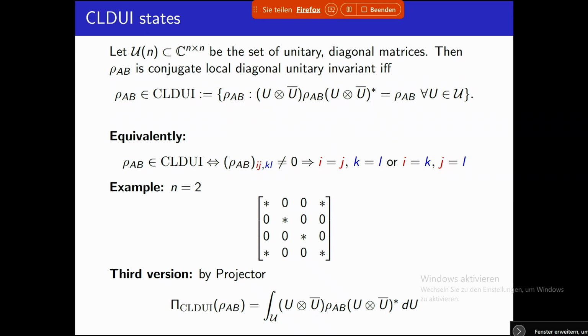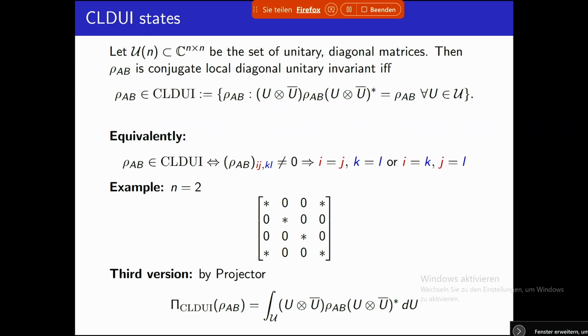So maybe that's a little easier to deal with than the integration. Okay, just to conclude that point, of course, a state is CLDUI if and only if it's invariant under its projector.